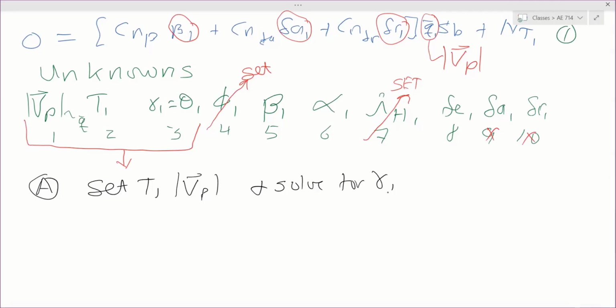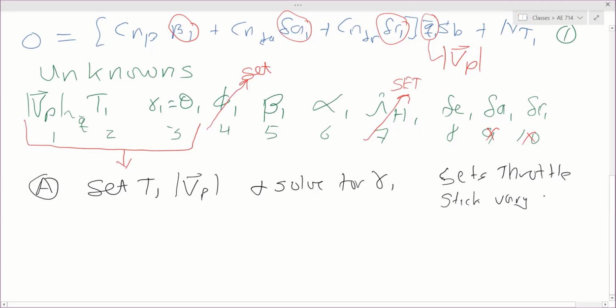Mathematically, we can do that, but what's the pilot doing? So he sets the throttle. You can do that. You just put the throttle in a certain position. And then the pilot will use the stick to vary the flight path to maintain that velocity.